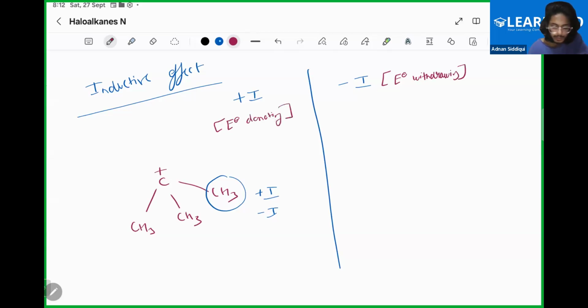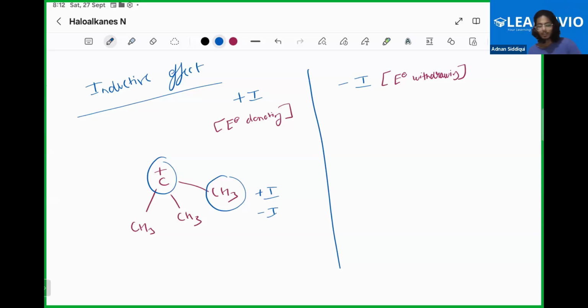So here we can see that this methyl group is donating electron density towards this carbocation. This carbon has a deficiency of electrons, and this methyl group is trying to decrease that deficiency by donating some of its own, through the plus I effect, right?